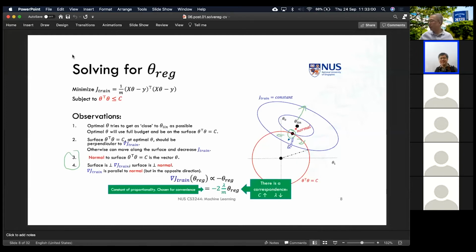So that's the idea that we're trying to do. We can get to this idea where the gradient of our training loss is in proportion to the norm of the regularization solution. So that's just over here.